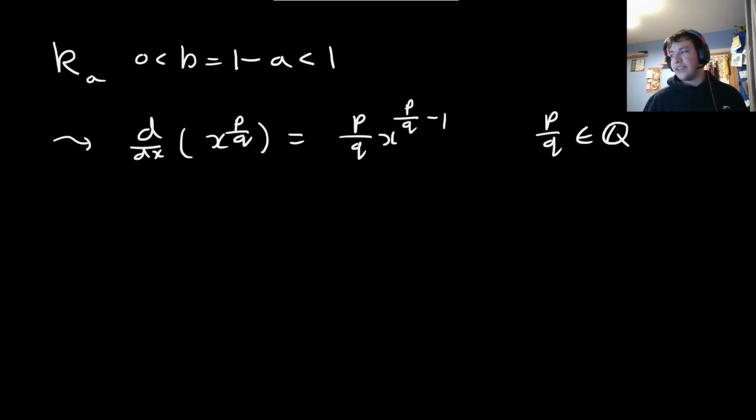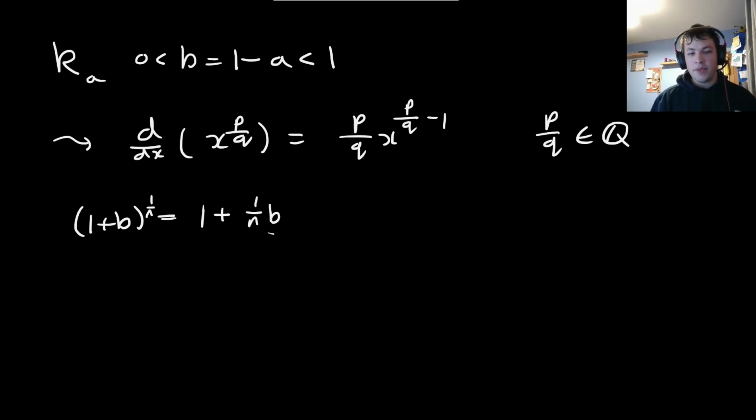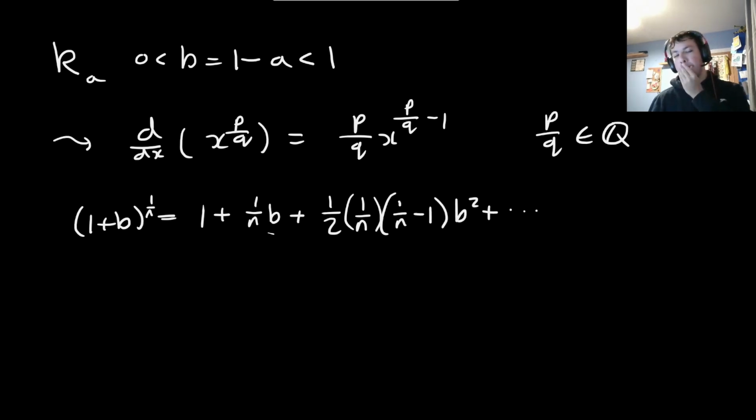Now, we've got this derivative, and that tells us what 1 plus b to the 1 over n is, because we can Taylor expand this. We know that this is going to be 1 plus 1 over n b plus 1 half, 1 over n, 1 over n minus 1, b squared plus, and so on, right?